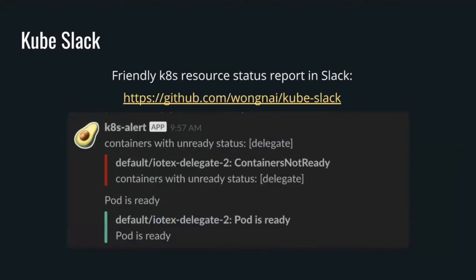This Kubernetes Slack tool is really just a very small widget. It's very easy to set up. Once you set it up, it just tells you whether the resources you have in Kubernetes are healthy or not. It sends warning messages in your Slack room.